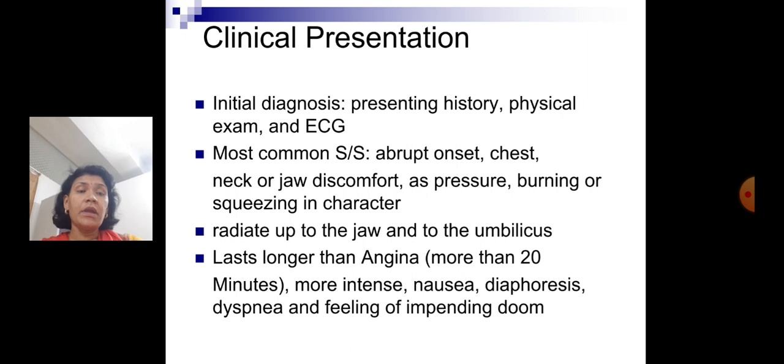The pain radiates to the jaw and to the umbilicus, lasts longer than angina, that is more than 20 minutes. If the pain is persisting, then it is not just anginal pain, but the possibility of myocardial infarction should be considered. It's more intense. There can be nausea, diaphoresis, dyspnea, and feeling of impending doom.